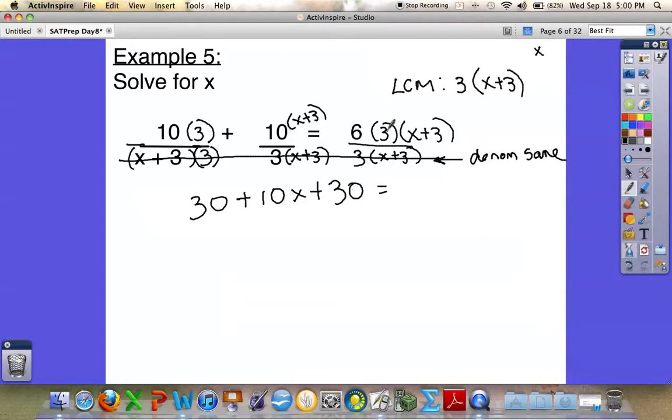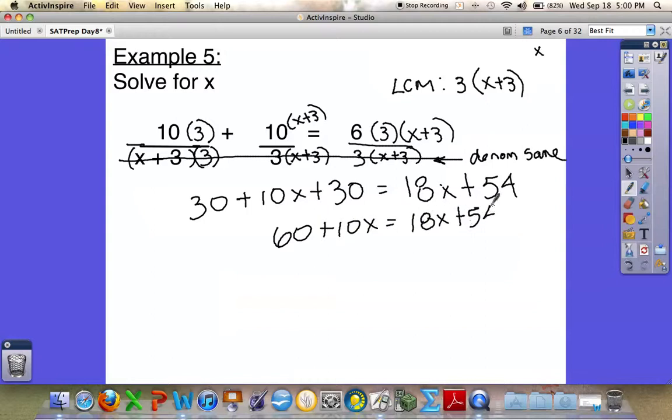6 times 3 is 18. 18 times x is 18x. And 18 times 3 is 54. And again, 30 and 30 is 60, plus 10x equals 18x plus 54. I'm going to take 54 off of both sides.